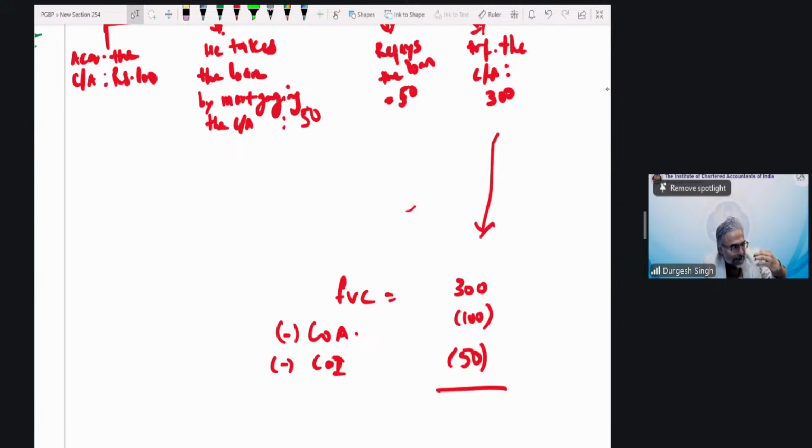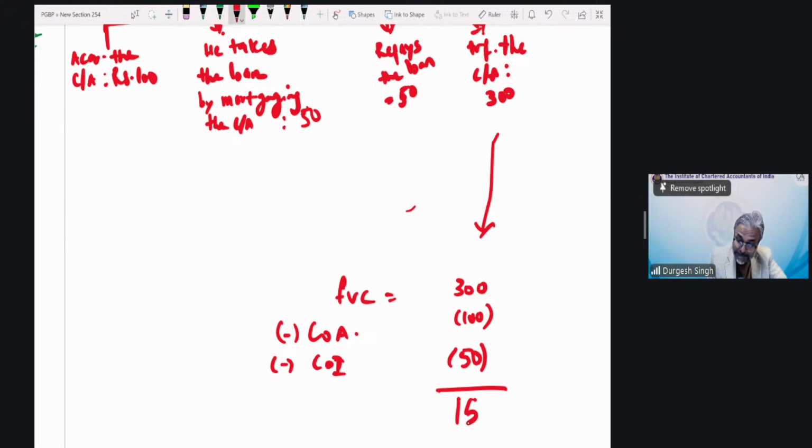Because it is a mortgage, I have a limited right after taking the loan over the asset. But by repaying the loan, I have improved upon my title over the asset. Therefore, this 50 I am reducing is towards repayment of loan, and accordingly, my capital gains would be 150.